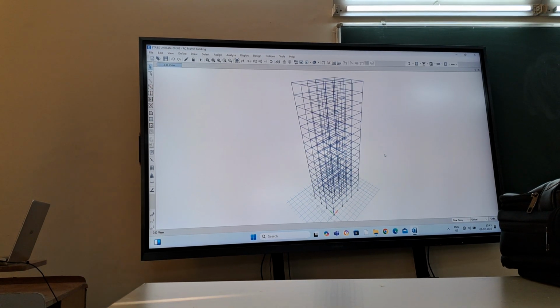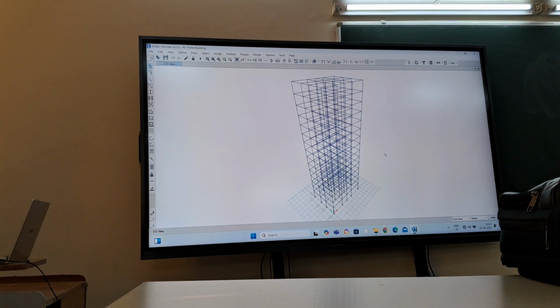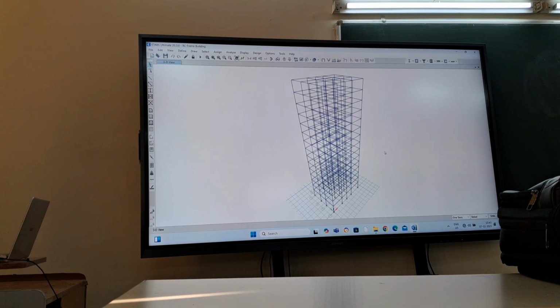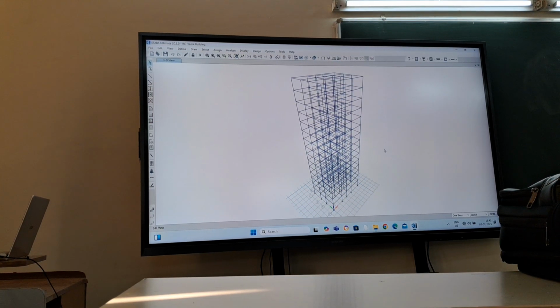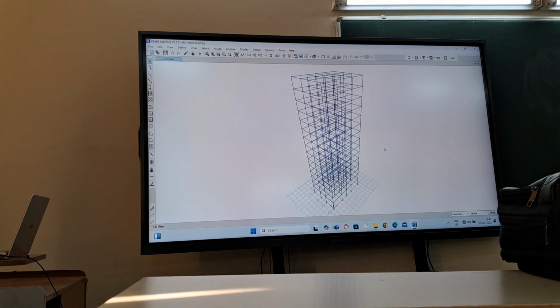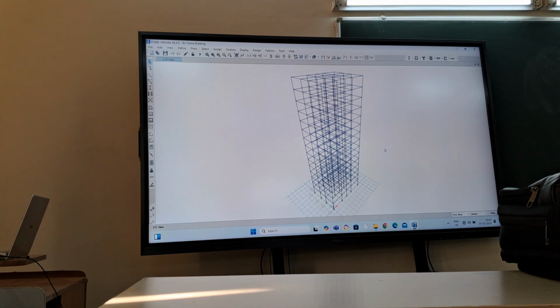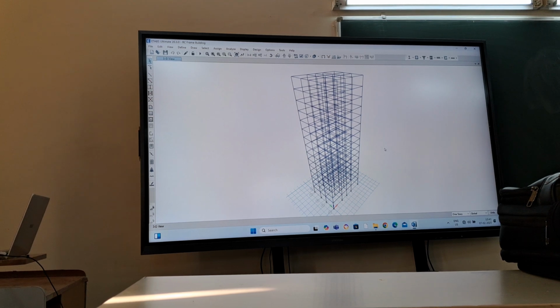Okay, so like this you have to apply the base shear correction. Now suppose your response spectrum result is higher than equivalent static. Are you going to multiply the reduced factor or you don't have to do anything? Although it is not going to happen, just hypothetically I am saying.